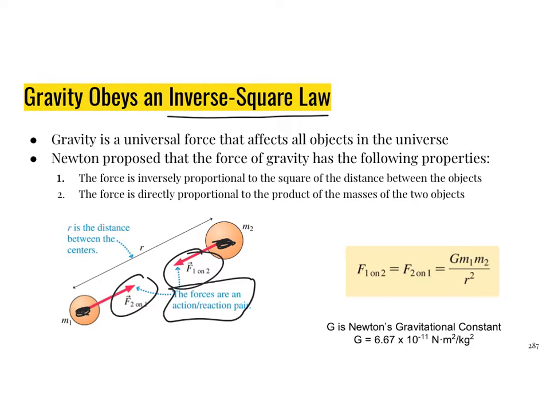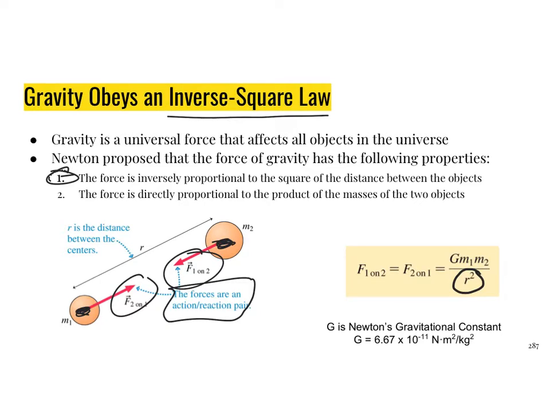But the things that matter: first off, the force is inversely proportional to the square of the distance between the two objects. If I look at my formula here, this r squared value is on the bottom. That's saying that the further away I get from something, the less I feel its impact.